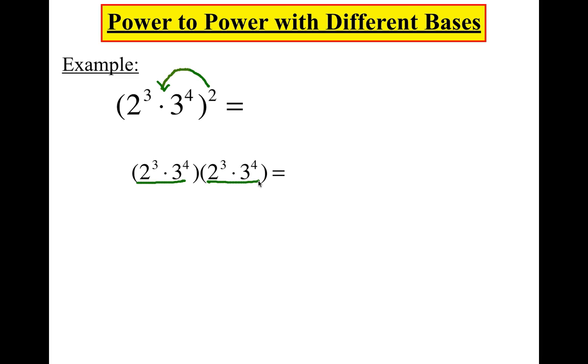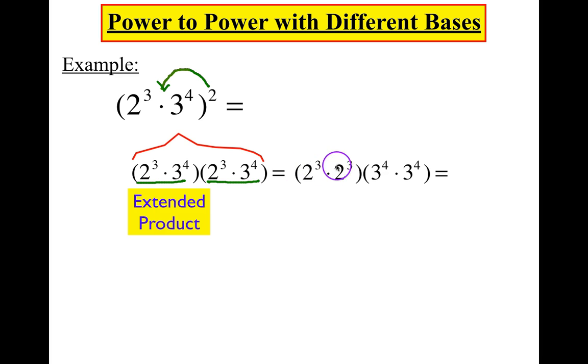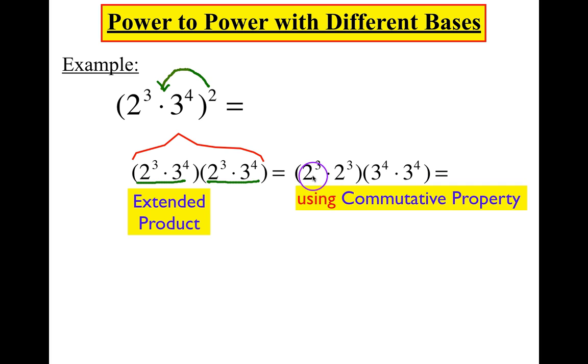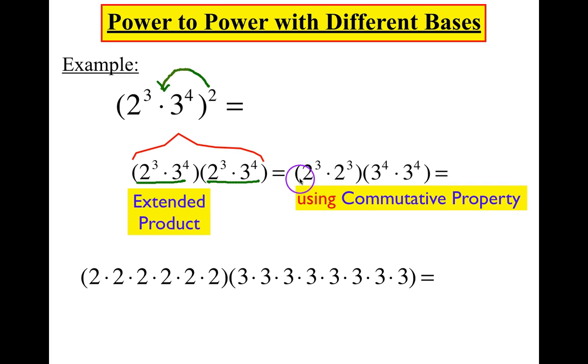Now, just like before, in order to figure out how many 2's I have altogether, how many 3's I have altogether, I'm going to go ahead and use the commutative property and rewrite so the 2's are together and the 3's are together. And then after this, go ahead and extend each one out. So here, my first group of 2 cubed is here. Second set of 2 cubed is here.